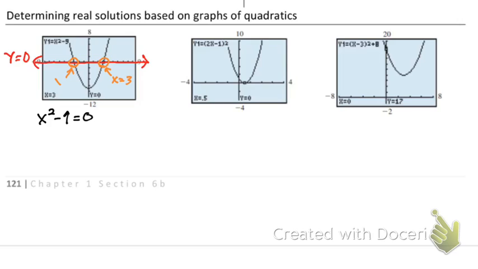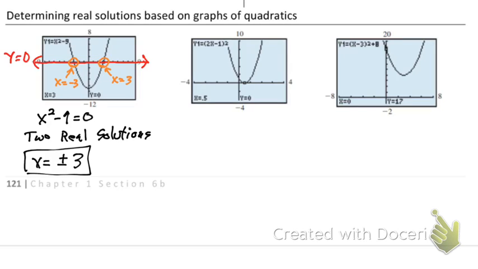Right here is where x equals negative 3. So we have 2 real solutions, and they are in fact x equals positive and negative 3. So not only do I know it has 2 solutions, I actually know what they are.